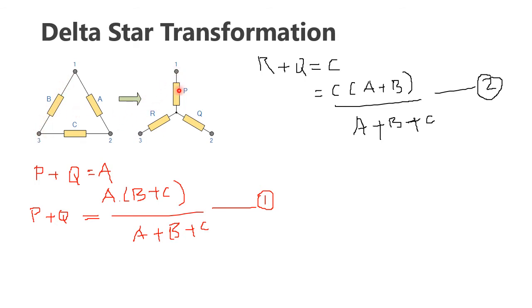B will be equal to P plus R. But here this B is connected in parallel with this A plus C. Therefore likewise again we can write B into A plus C over the sum of three resistors A plus B plus C. So I am going to consider this as my equation number 3.